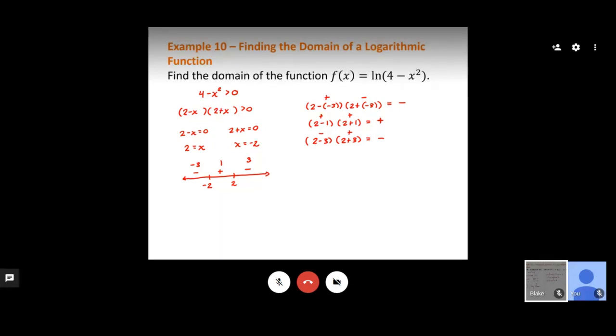All right, now, do we care about positive or negative values this time? Positives, good. So remember, this was a greater than 0, and so we say we are only looking for positive values, so I only care about this interval right here. So what is that interval going to look like then?